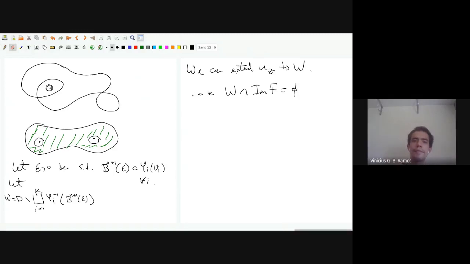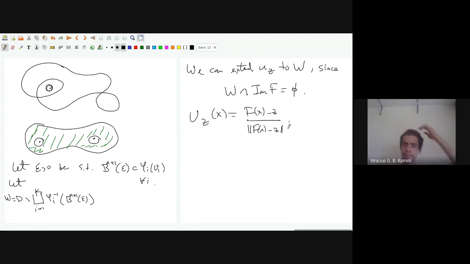Since W doesn't hit z, you can just define the same thing in this set. You can just define uz of x to be, and this is exactly what I did in the other case, f of x minus z over the norm of f of x minus z.